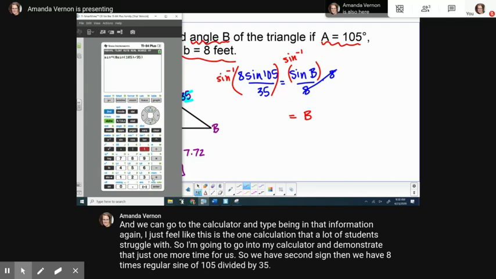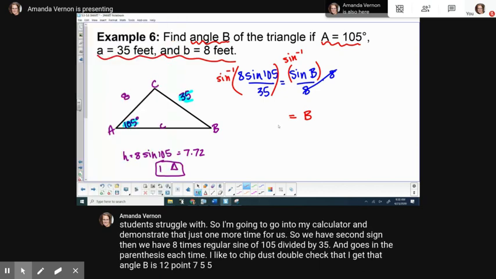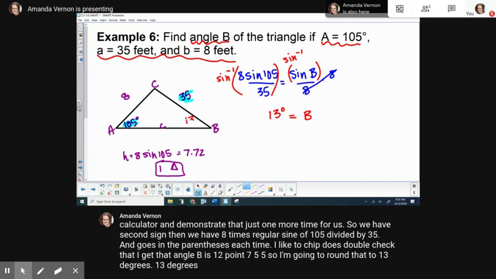And closing the parentheses each time, I like to just double check that. I get that angle B is 12.755, so I'm going to round that to 13 degrees. So 13 degrees, probably our smallest angle. All right, there you have it. We found angle B.